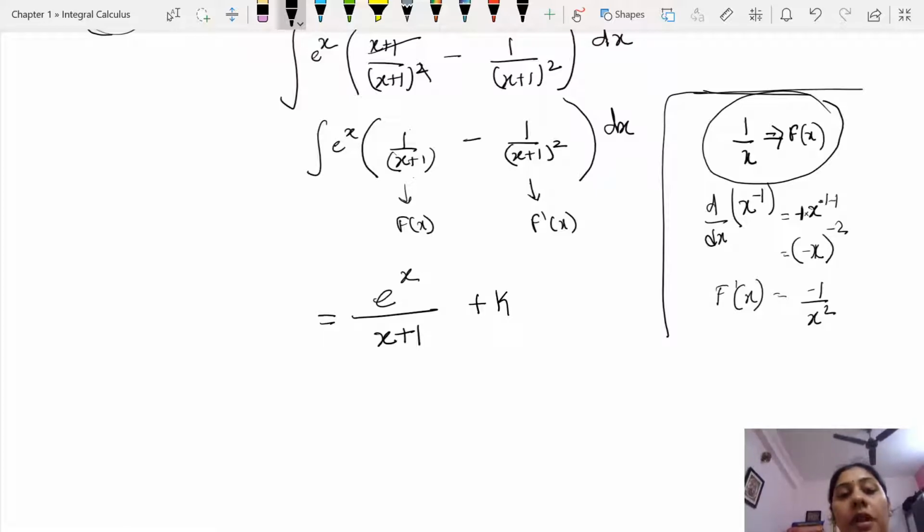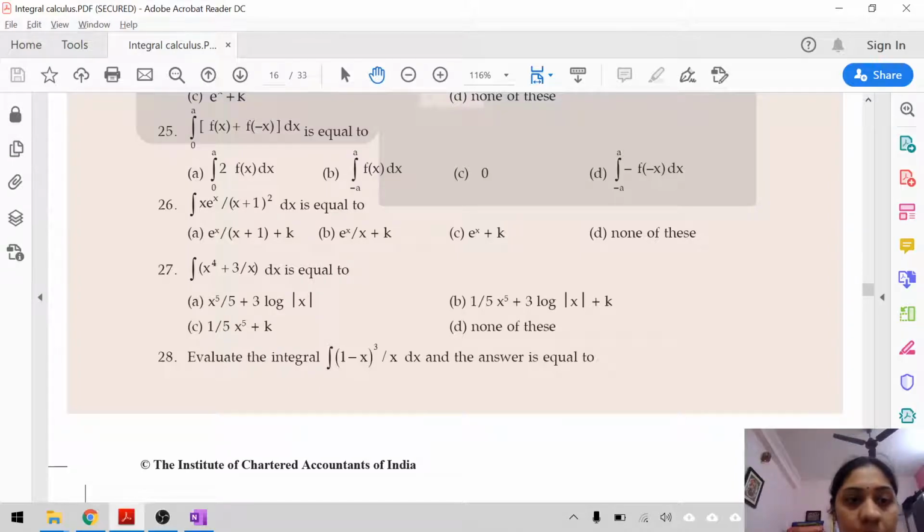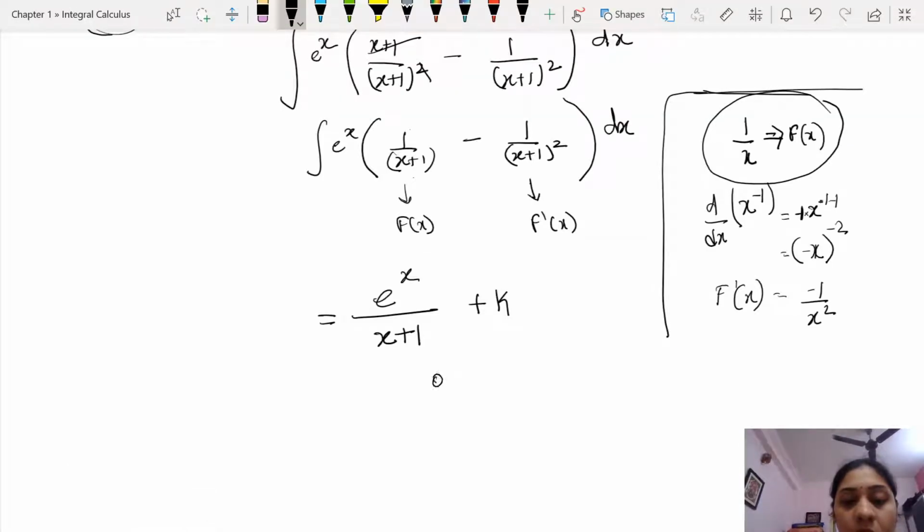This is my final answer. Now let us look at our options and see which one matches. Option A. So the answer is option A.